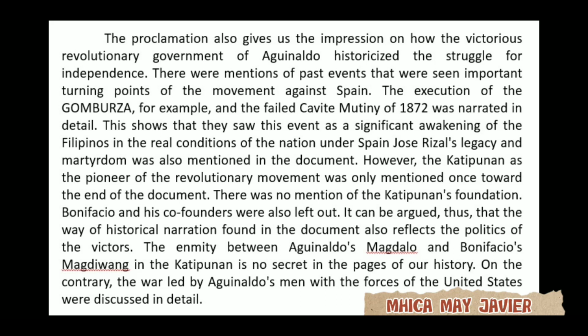The execution of the Gomburza, for example, and the failed Cavite mutiny of 1872 were narrated in detail. This shows that they saw this event as a significant awakening of the Filipinos to the real conditions of the nation under Spain. Jose Rizal's legacy and martyrdom was also mentioned in the document.